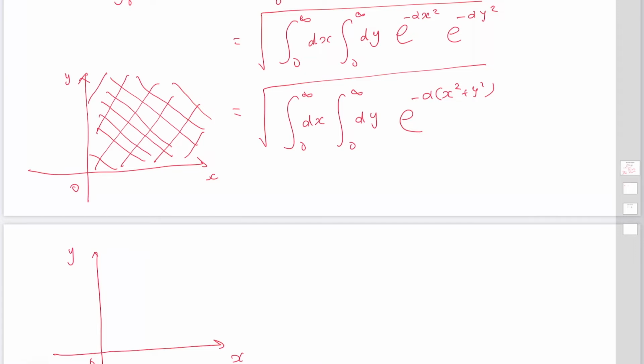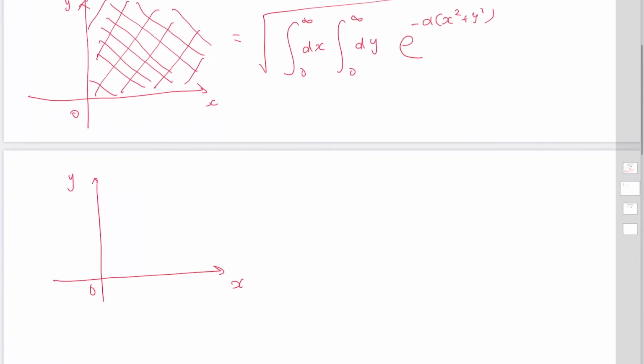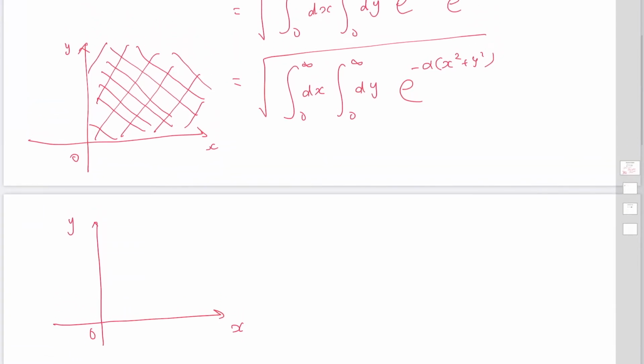Then we'd like to change the Cartesian coordinates to polar coordinates to perform this integral. So instead of x, y, we use r and theta to describe the positions in the plane. For the double integral formula, you could consider small areas.